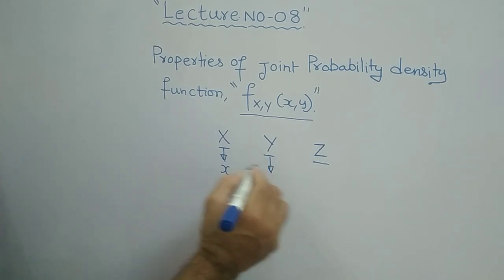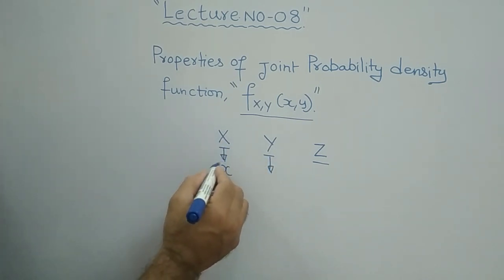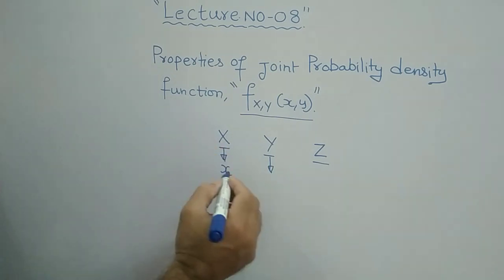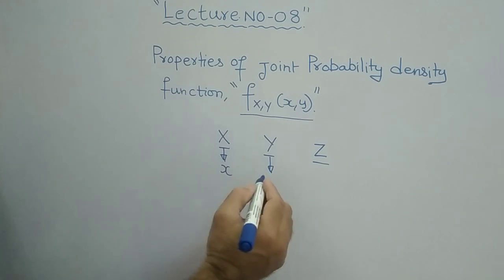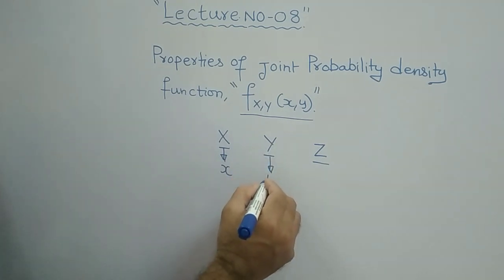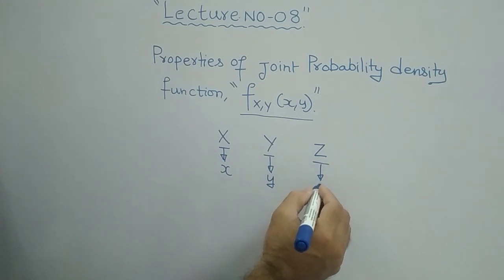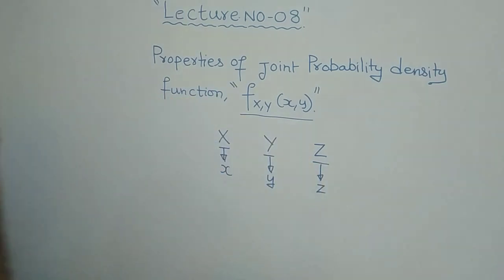If you take capital X as a random variable, its possible outcome values are represented by small x. Similarly, for Y it is small y, and for Z it is small z.